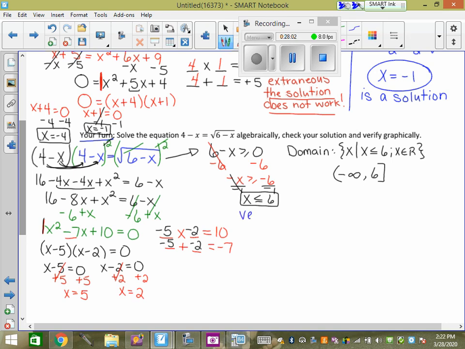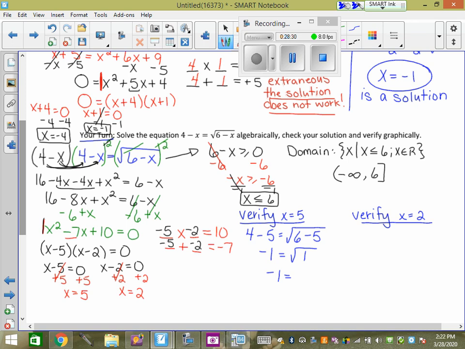So I'm going to verify x equals 5, and I'm going to verify x equals 2. I plug it into the original: 4 minus my x, which is 5, equals the square root of 6 minus my x, which is 5. 4 minus 5 is negative 1, equals the square root of 6 minus 5, which is 1.